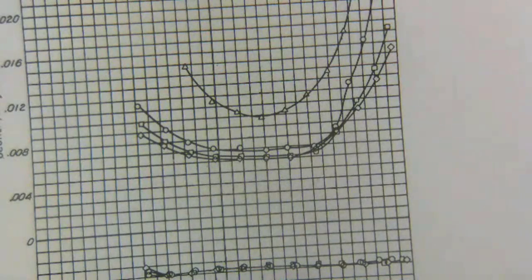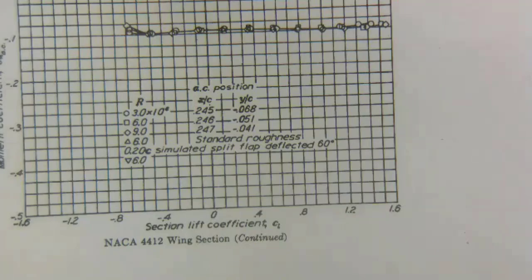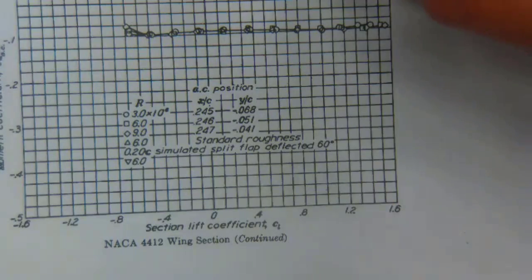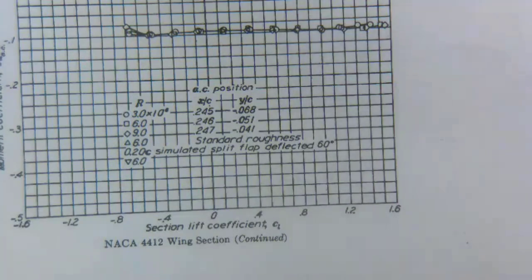So what we have to do is look at the CL of 0.8. So let's find the line for that. So it's this line. Here, I'll mark it up here. Did I get the right line? Yes.